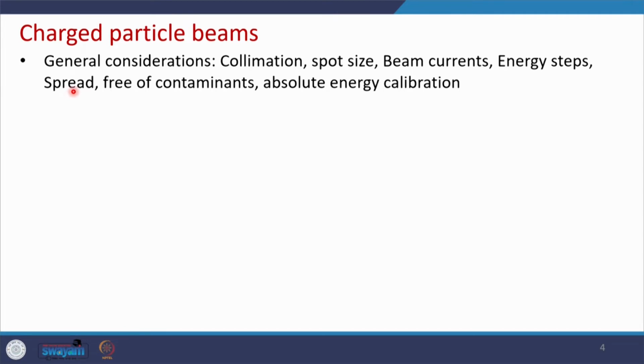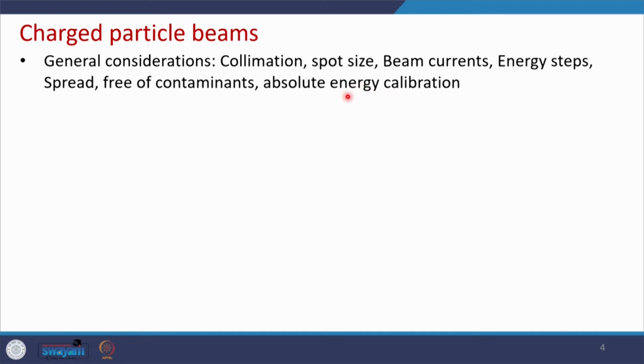Because when we want to have a nuclear reaction at a particular energy which is happening in the stars, though there is a small spread around the centroid of the gamma peak, if there is more spread in the incident particle beam, then of course whatever data you are acquiring is of very bad quality. And not only the beam, the target also should be free of contaminants, and the absolute energy calibration of the particle accelerator is very important.